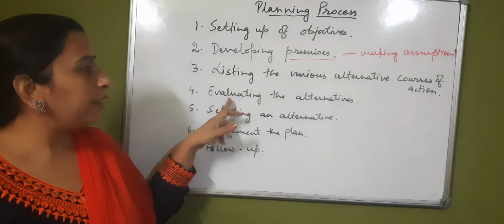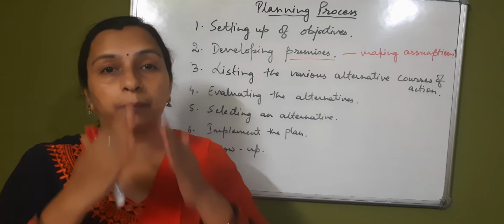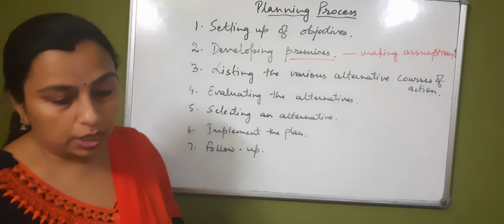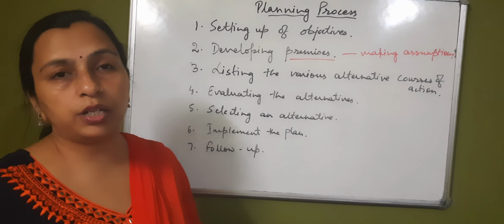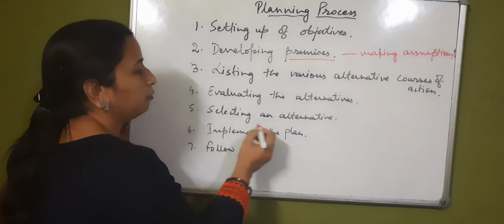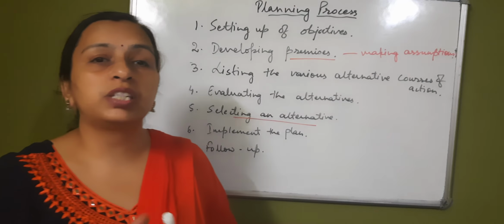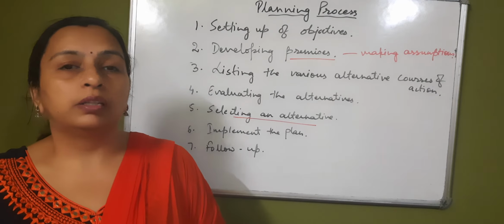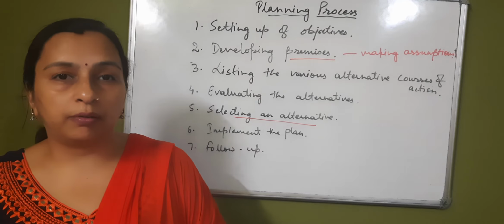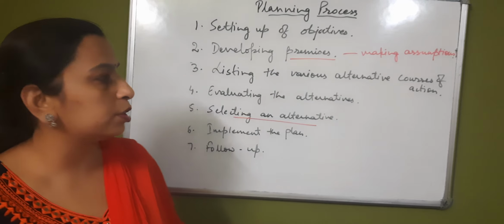So now you have to evaluate the alternatives. Now you have to see the negative and positive impact of the alternatives. So we have to select the feasible or the most appropriate alternative, the one which has maximum benefit and minimum negativities.